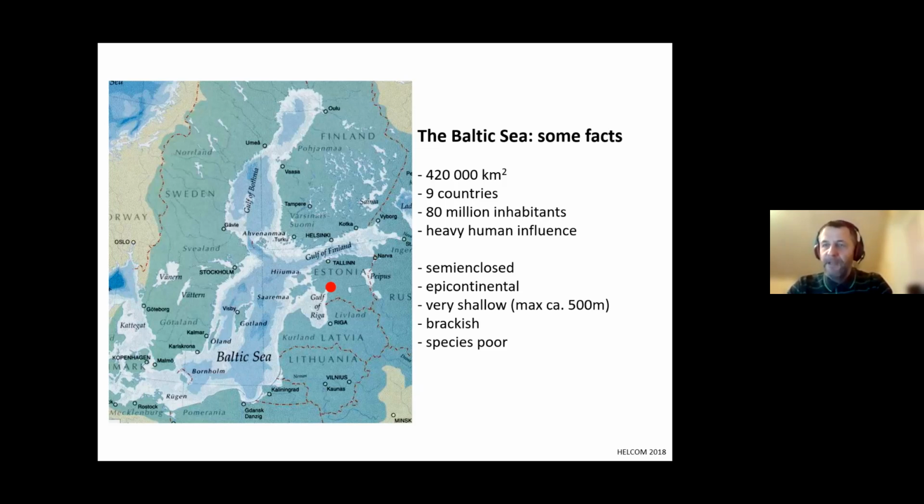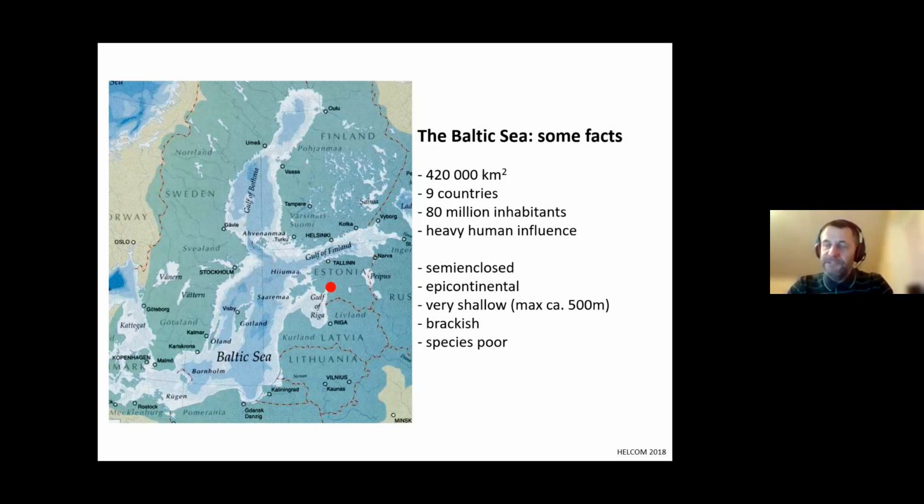It's brackish. Brackish means that it's neither freshwater nor fully marine. Fully marine is above 30 per mil, and fully freshwater is 0 per mil. Baltic Sea salinity varies from around 20 around Copenhagen in the west, to almost 1 to 2 per mil in the Gulf of Bothnia or Gulf of Finland in the northeast.